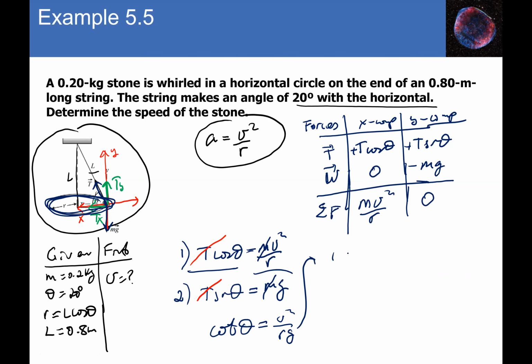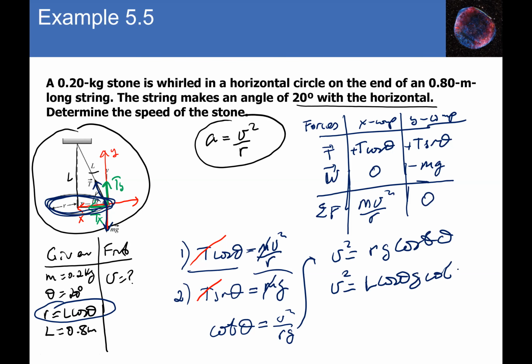And I can rearrange and say, okay, then v squared equals rg times cotangent theta. And then from this, where we realize that r equals L cosine theta, then I can say v squared equals L cosine theta times g times cotangent of theta. And then since v is squared, I take the square root of both sides.